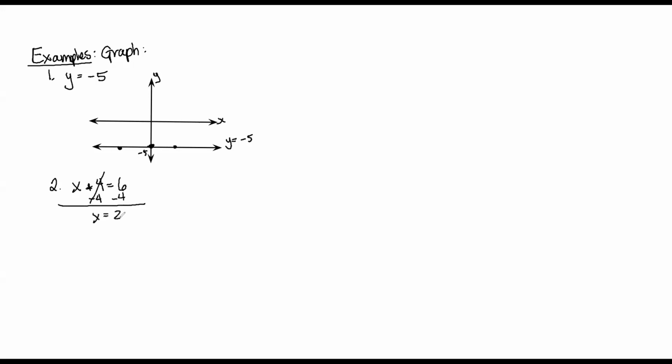And now we can go ahead and graph this one. So again, let's set up our axes. x equals 2, it's going to go through 2 on the x-axis. It can't go left or right because that would change our x, but it can go up or down. So it has to be a vertical line through x equals 2.